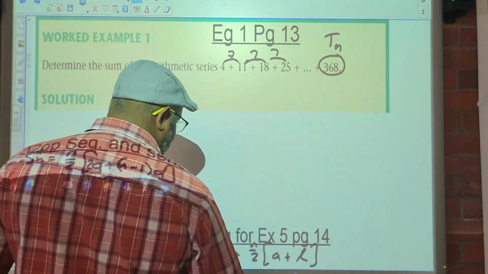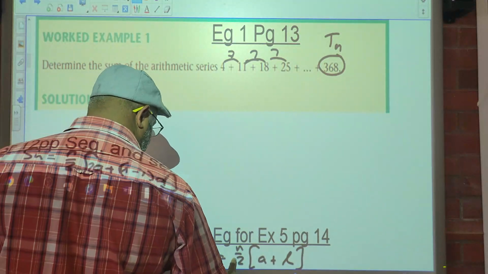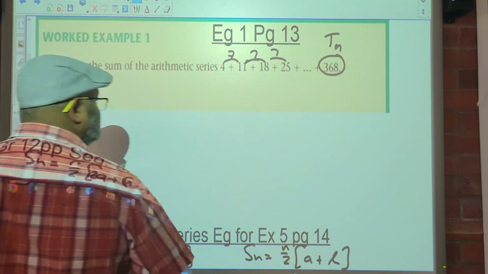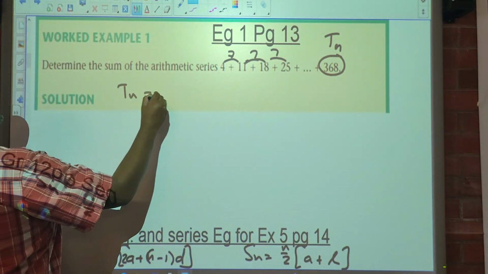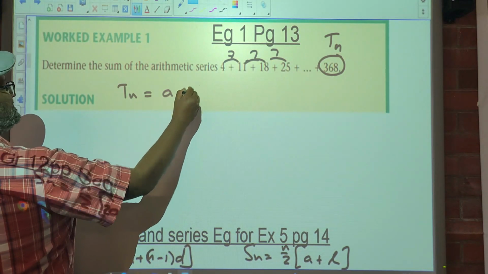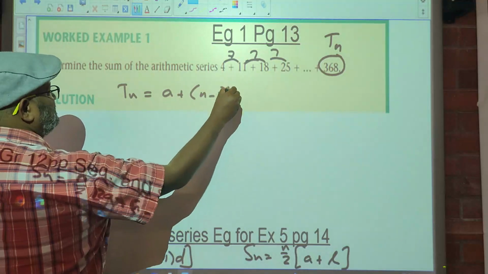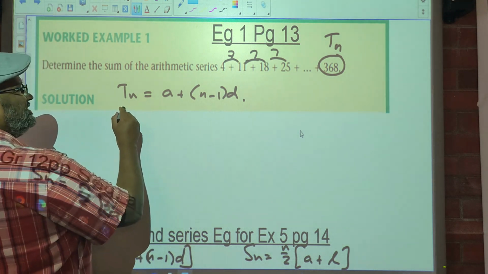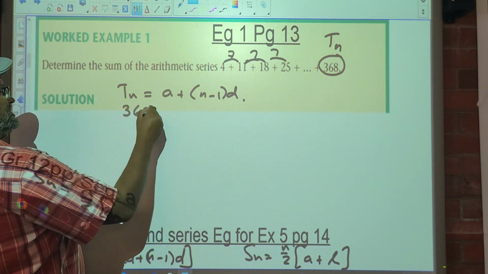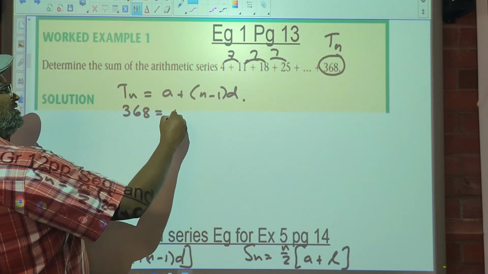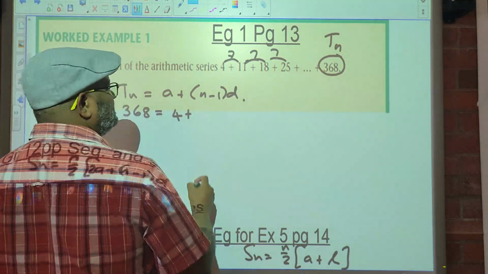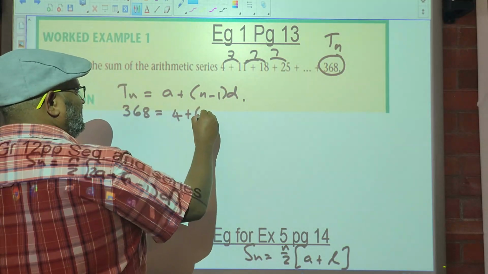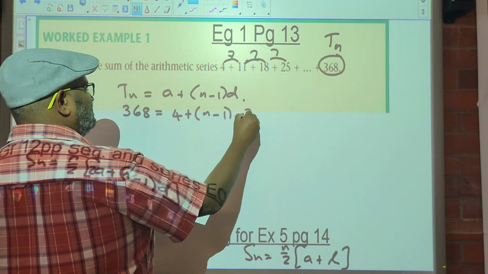So where do I start? I start off with Tn is equal to a plus n minus 1 d. Okay? And what is the nth term? 368 is equal to 4 plus n minus 1 times 7.